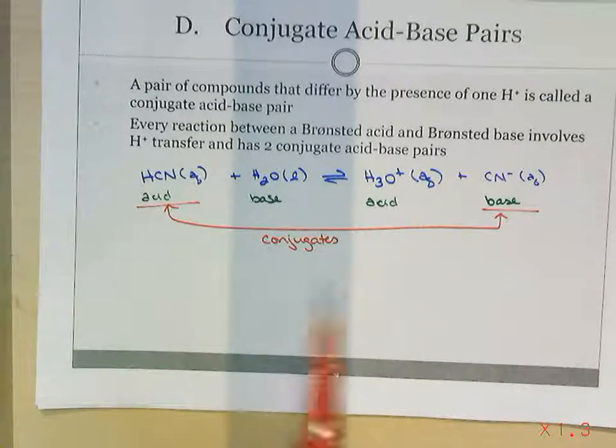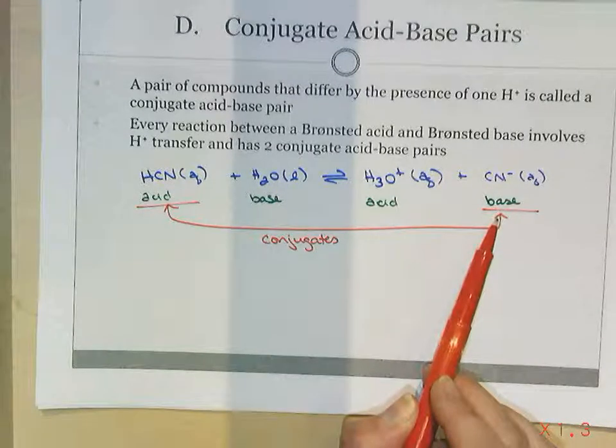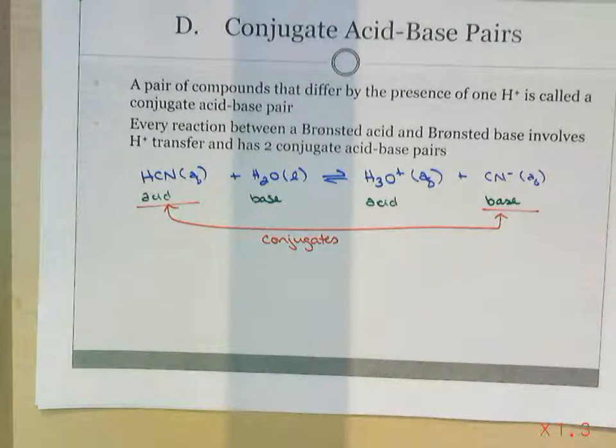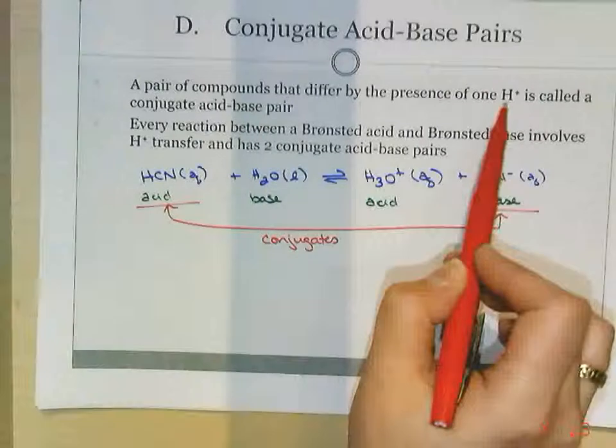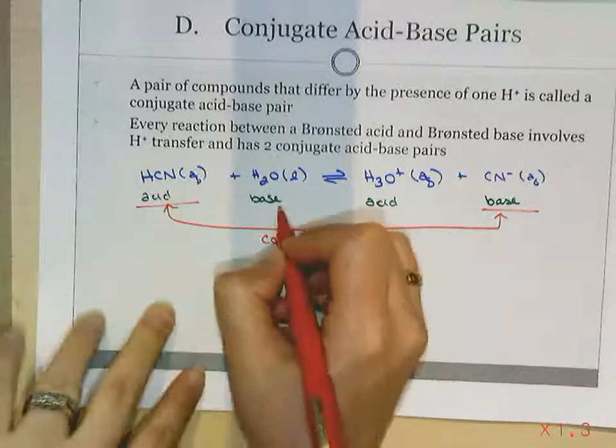It was an acid, now it's a base, because they're opposite, differing only by a proton. A pair of compounds that differ by one proton. This guy and that guy differ by one proton. So that means that these two are also conjugates.